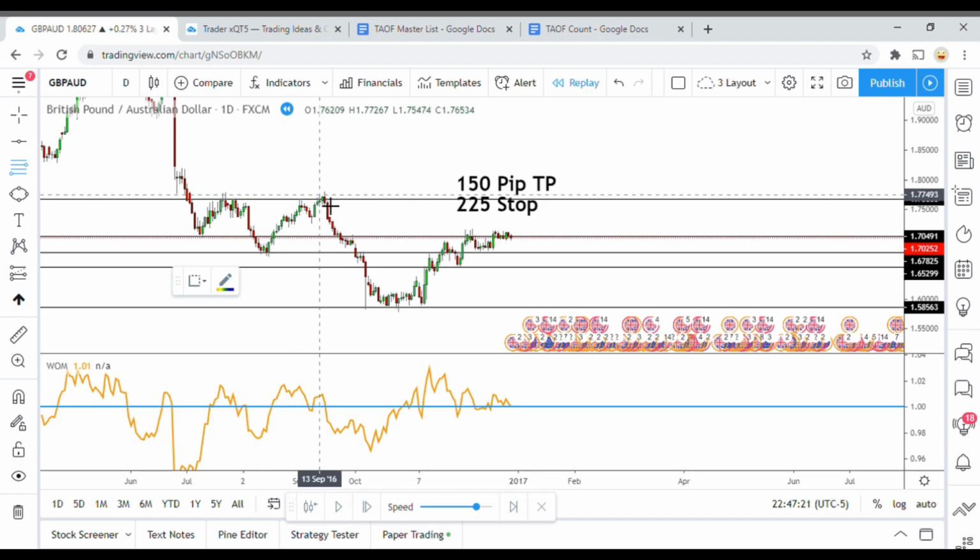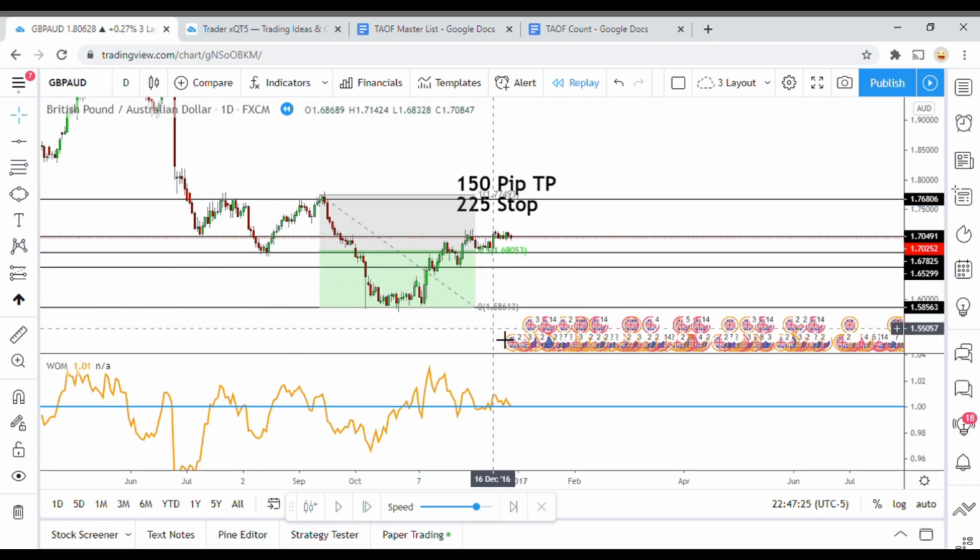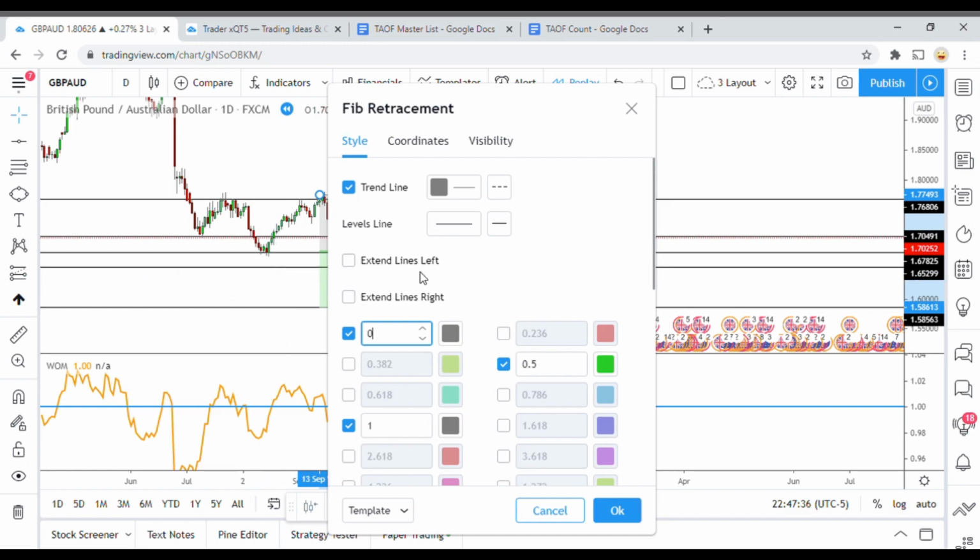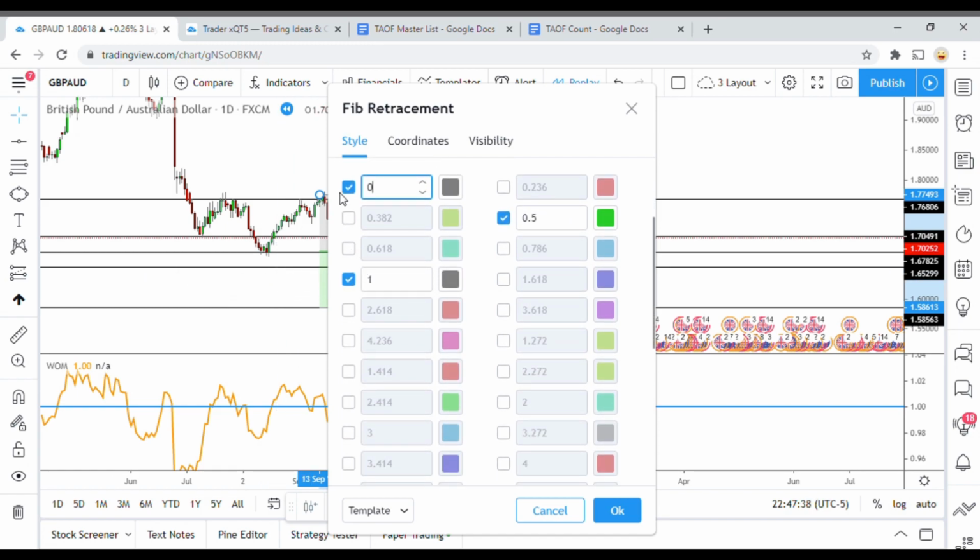Basically, you just go from the highest point and you go down to the lowest point, like so. And that basically gives you kind of a map of support and resistance areas.